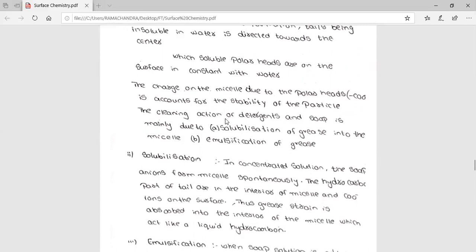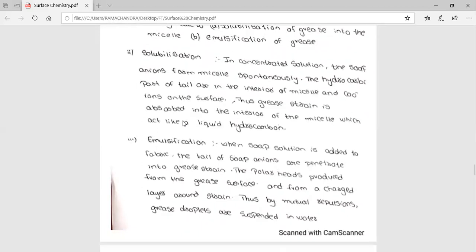The cleaning action of detergents and soap is mainly due to the solubilization of grease into the micelle or the emulsification of grease. These two are responsible for the cleaning action of detergents and soap, mainly through the formation of micelles. So let's see the solubilization.